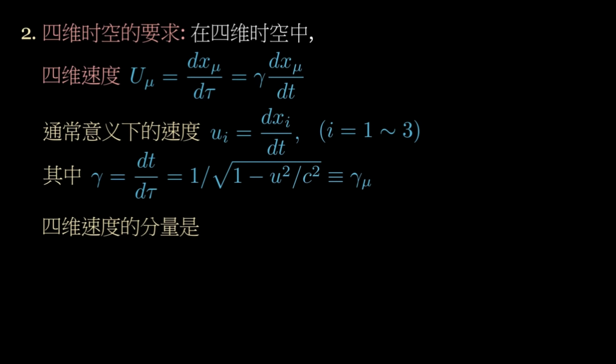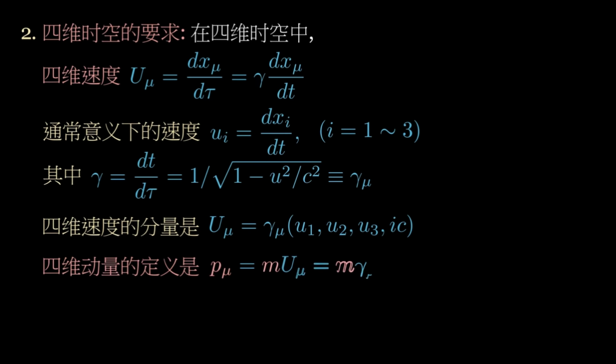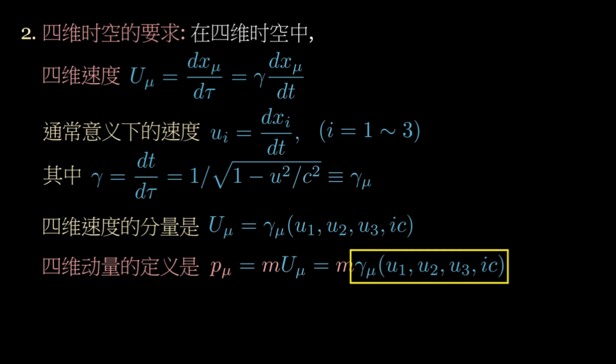Then the components of the four-dimensional velocity are gamma multiplied by these. The definition of four-dimensional momentum is p-mu equal to the Newtonian mass multiplied by the four-dimensional velocity. If the first two items are regarded as relativistic mass, then the following velocity is not covariant.